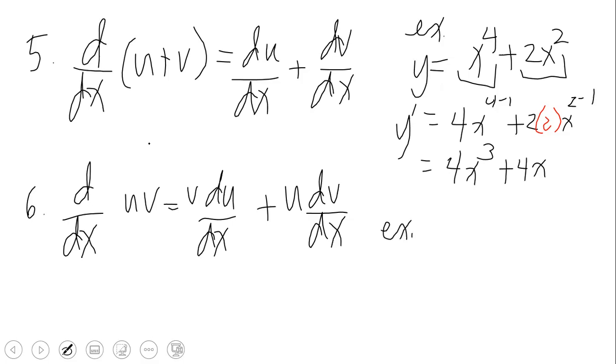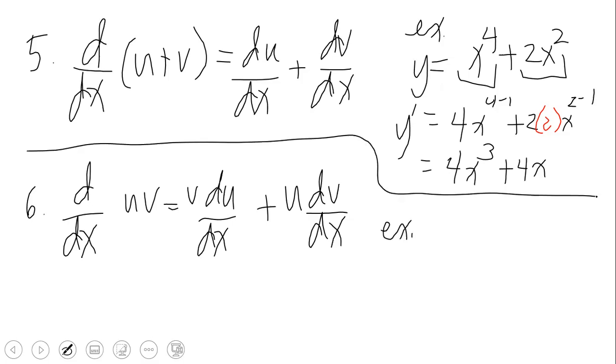Example, let's have y equal to x cubed minus 2 times x squared plus 1.